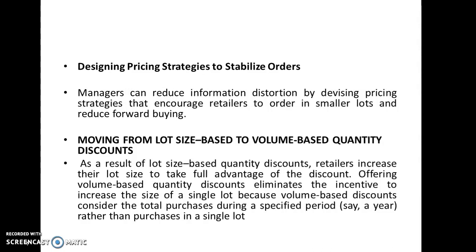That means instead of considering the order size in a single lot or single stretch, you consider the total volume ordered in a particular span of time. It may be in a year or in a month or in 4 months or in 5 months, something like that, so that you can avoid this forward buying problem.